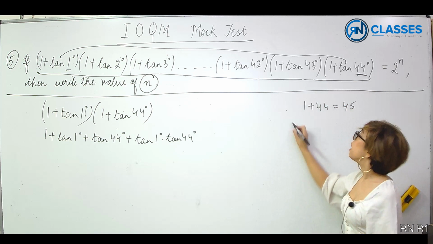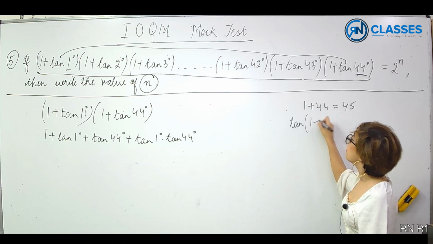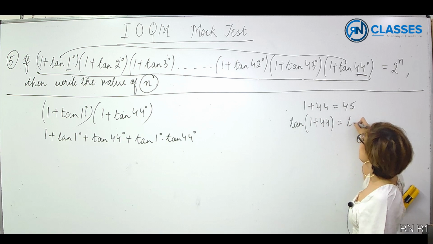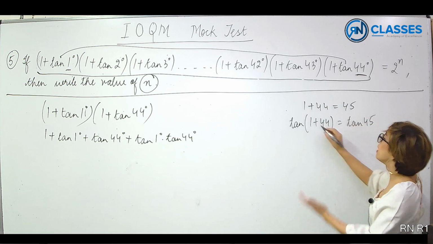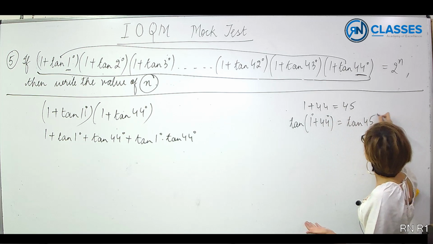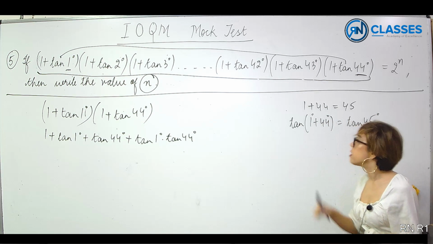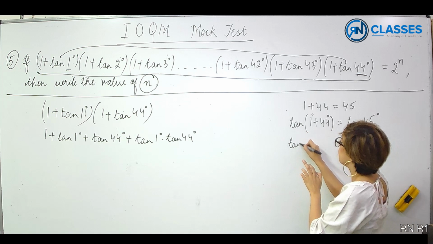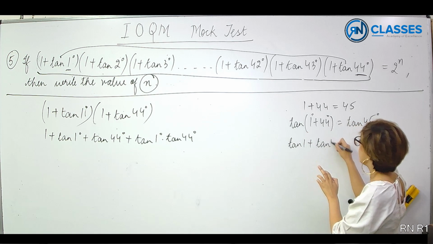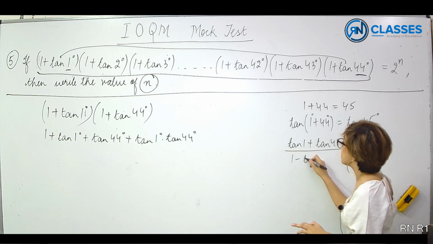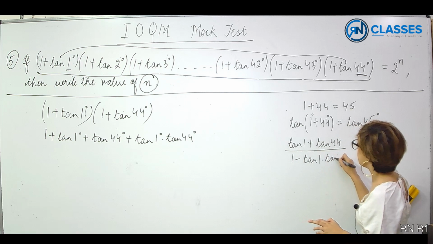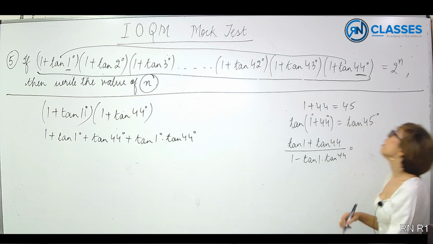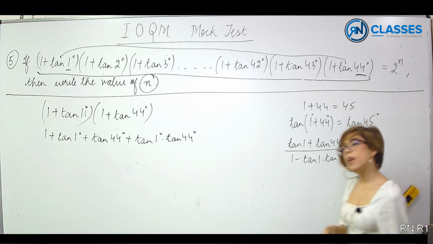Taking tangent of both sides, I will get tan of (1 plus 44) is equal to tan 45. Obviously, I'm talking about the angles in degrees over here. I might skip it because we are talking about degrees now. So tan of A plus B is nothing but (tan A plus tan B) whole divided by (1 minus tan A into tan B). Now tan 45 is already 1. Cross multiply.